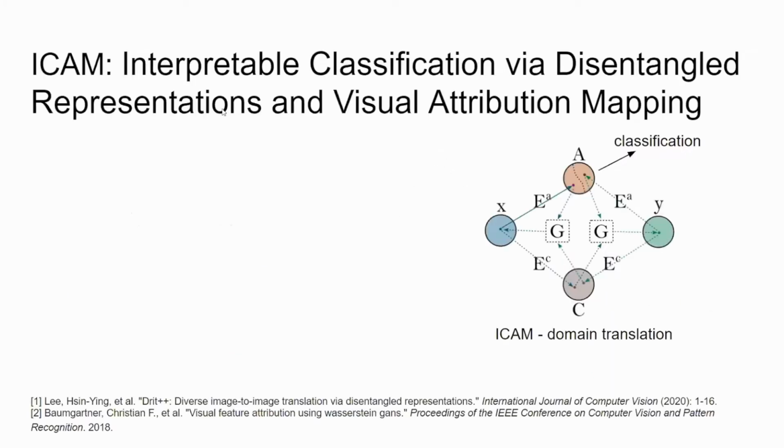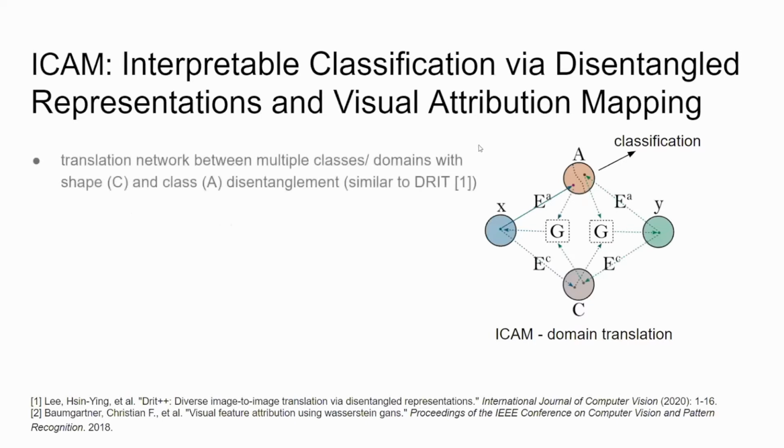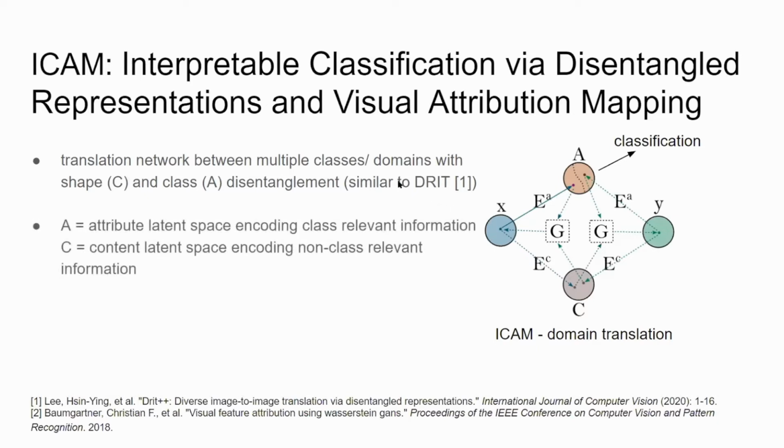So going forward to explain ICAM. ICAM is a translation network with classification. It translates between different classes, encoding an input in two latent spaces. We have the attribute latent space encoding class relevant information and the content latent space encoding non-class relevant information.